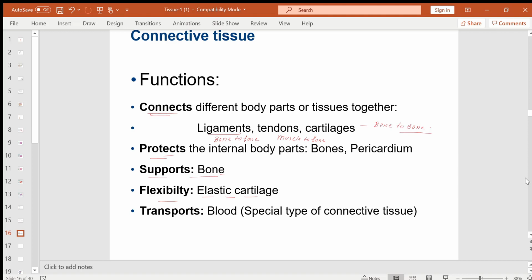Transport. Blood is a connective tissue. It is a special type of connective tissue because it is in liquid form, and you know that blood is the major transport medium in the body. Most of the chemicals are transported by the blood. So these are some important functions of the connective tissue.